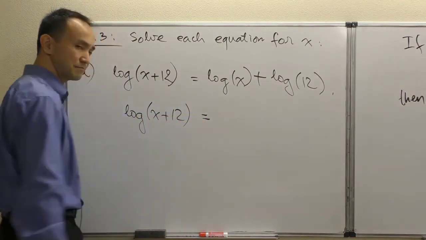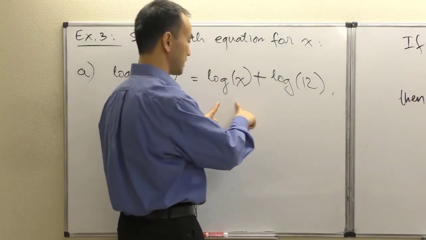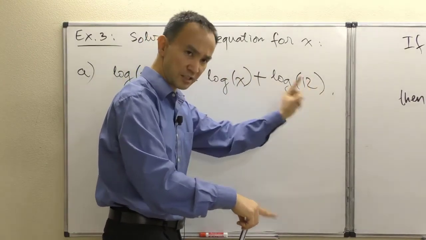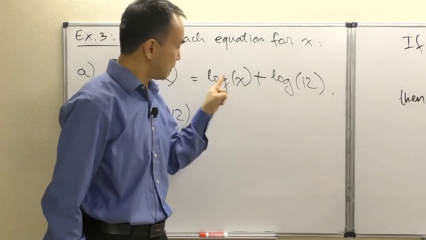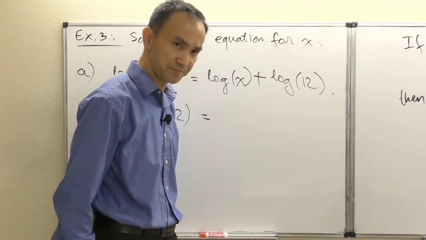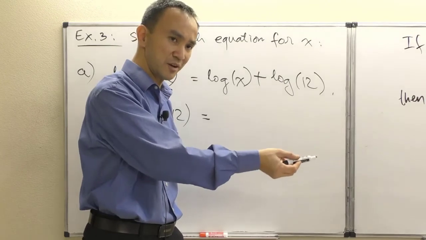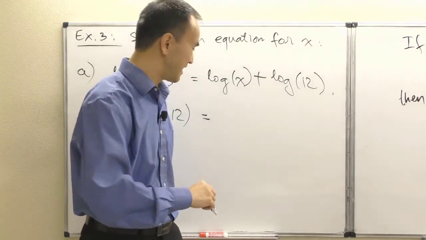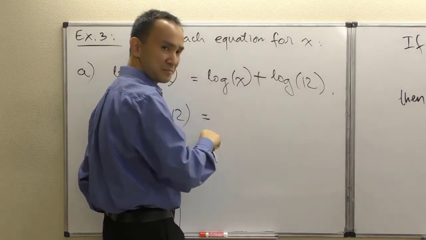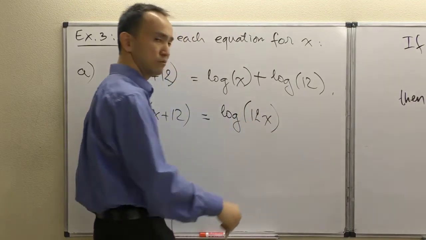But on the right-hand side, there are two log terms, so I'm going to combine them into one single logarithm, as you have seen in that earlier lecture where I introduced the properties of logarithms. The sum of two log terms with the same base, I can now rewrite as log base 10 of 12x. It's completely legal to do that.